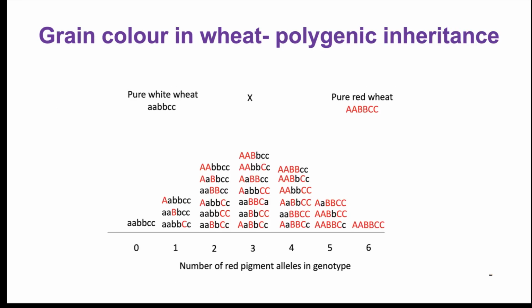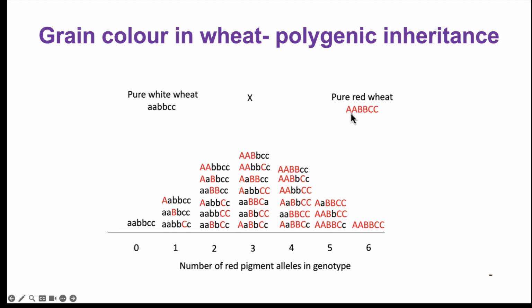Grain color in wheat is another example of a polygenic type of inheritance. And in this particular case, there are actually 3 genes that are involved in the color of wheat. And they can each be either the recessive or the dominant allele, and the dominant allele is the one that gives the color red.